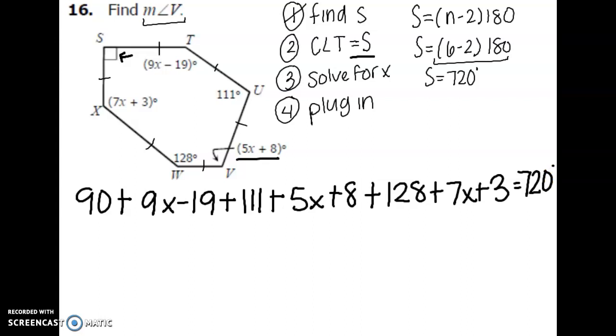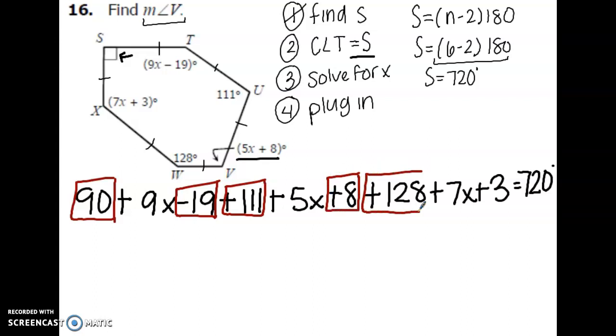So what we can do here is box all our numbers that do not include an X. So 90, negative 19, positive 111, positive 8, positive 128, and positive 3. And what we're going to do here is combine them. That doesn't always mean add them.